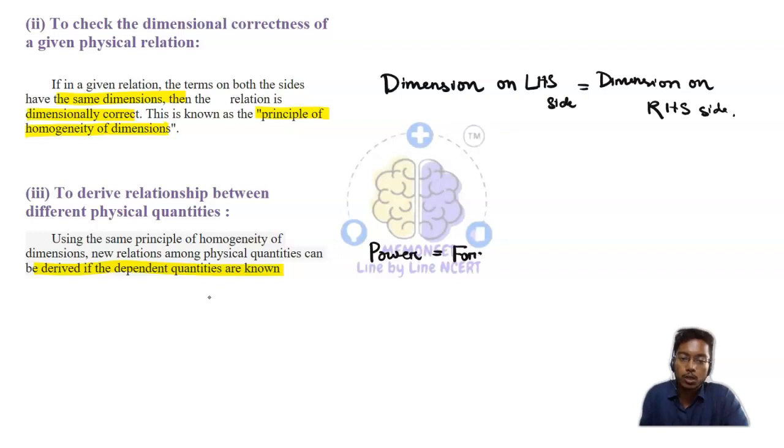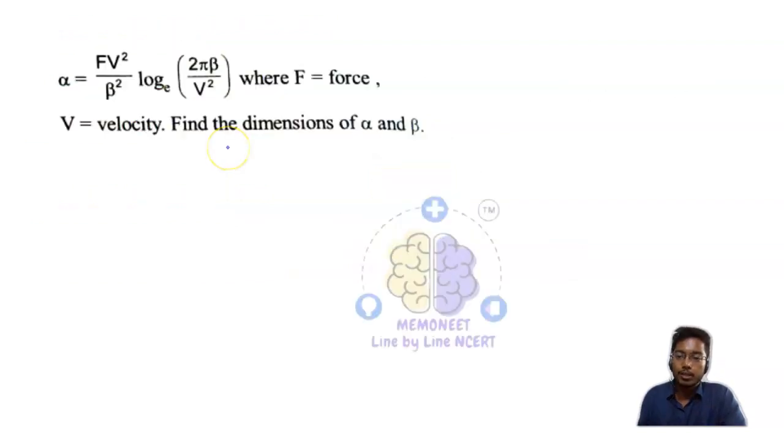That is force into velocity. Force is a derived quantity and velocity is another derived quantity, and if we multiply them and use the homogeneity law, we can derive a new quantity, that is power. We complete all the concepts here of unit and dimension.